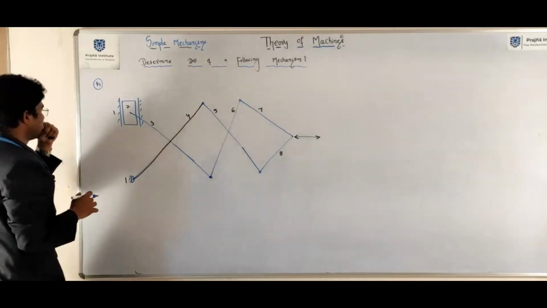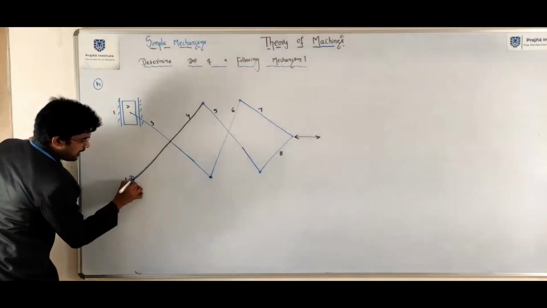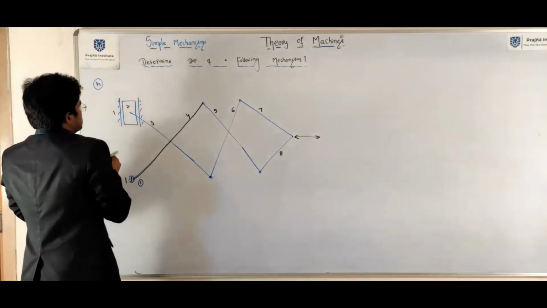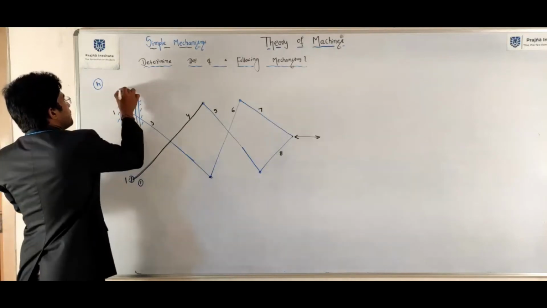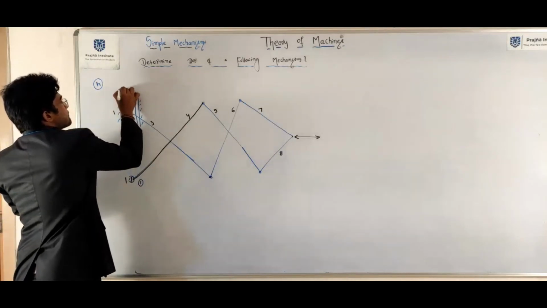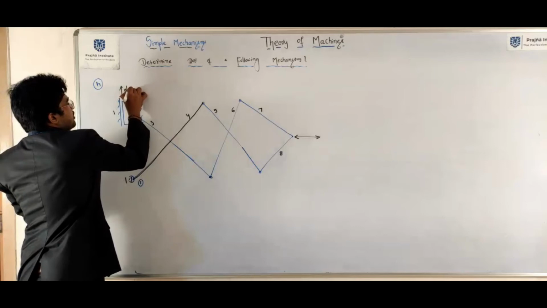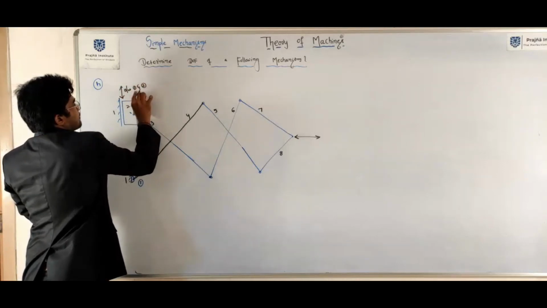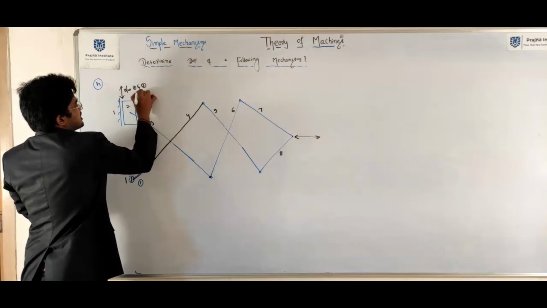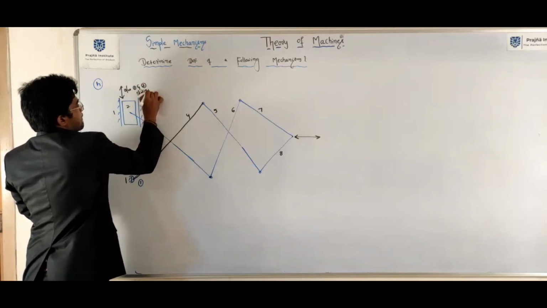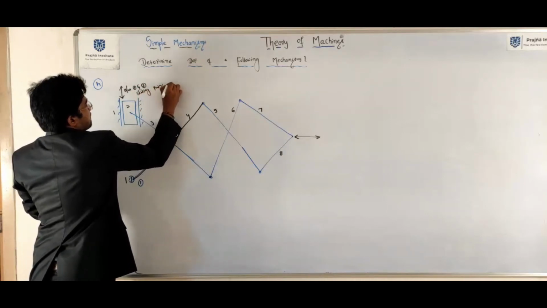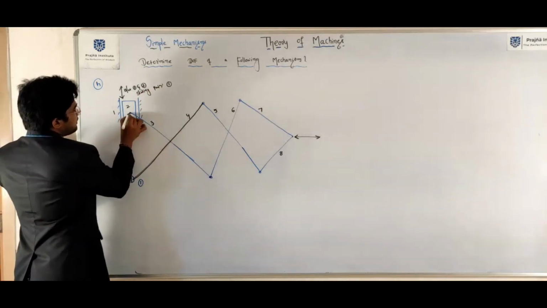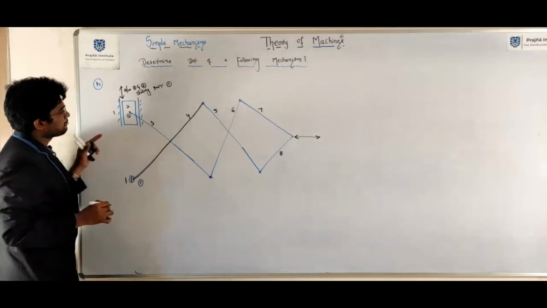So here, between 1 and 4, turning pair. Between 1 and 2, sliding pair. Between 2 and 3, turning pair.